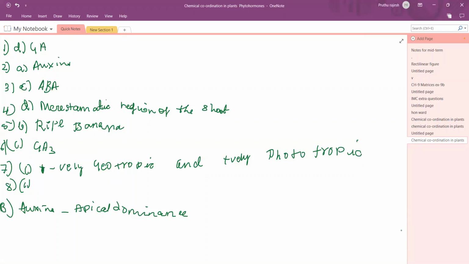Next, gibberellins. He has given cell division, fruit ripening, internodal elongation. Cell division cannot be possible, it is only by cytokinins. Ethylene belongs to fruit, it is used to ripen fruits. Gibberellins is internodal elongation.